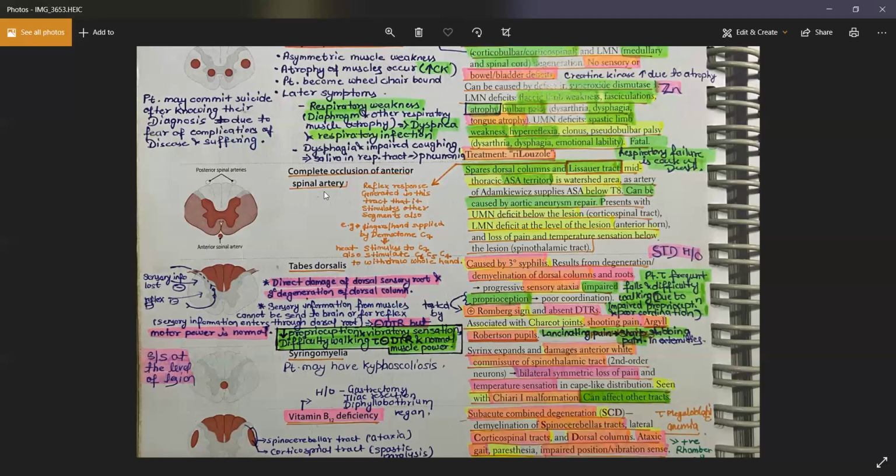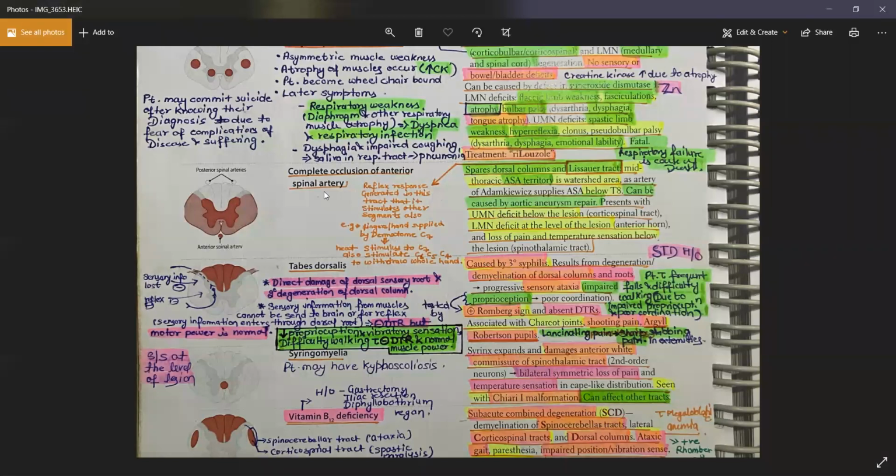PICA. And what branch occlusion can cause a lateral pontine syndrome? AICA. And the anterior ones are because of the anterior spinal artery and the basilar artery.